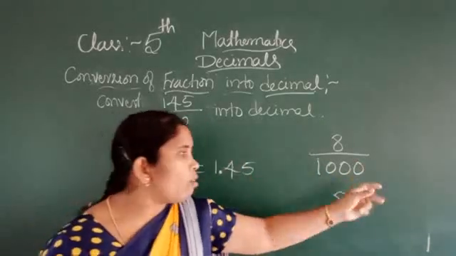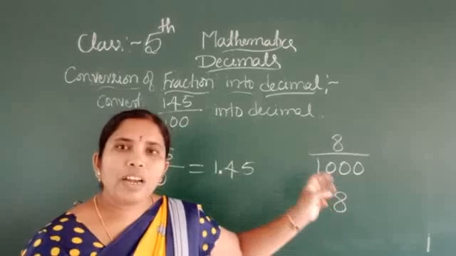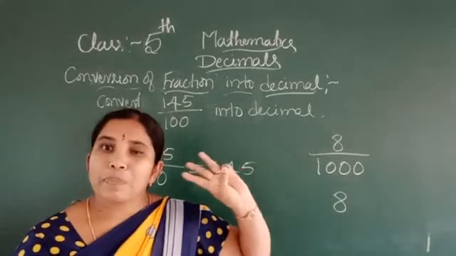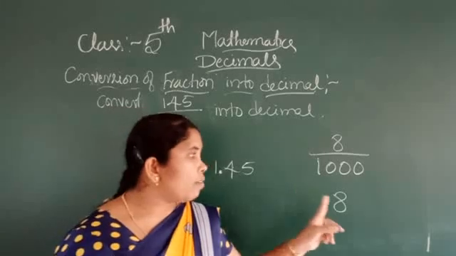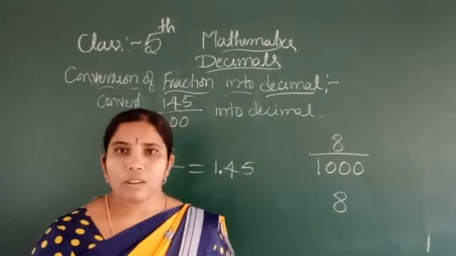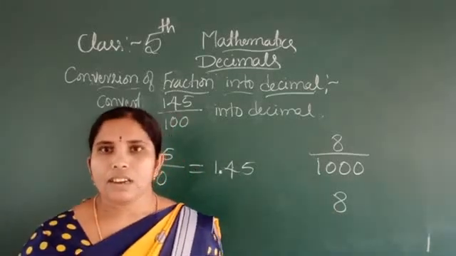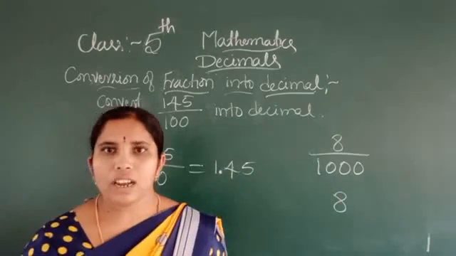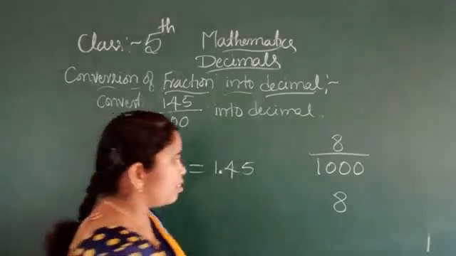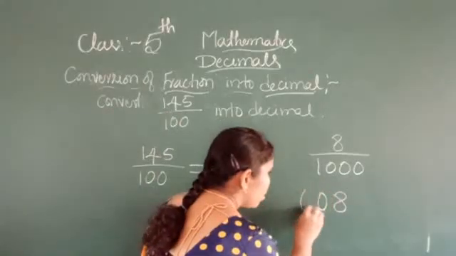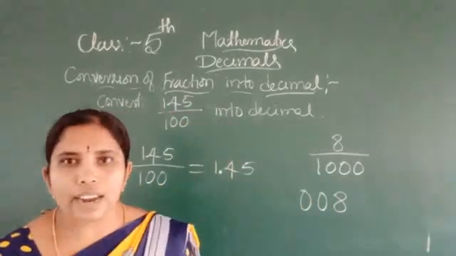So now count from the right side. Put 3 digits after the decimal point. Here only 1 digit is there. So in that situation, you put zeros in the left side first.